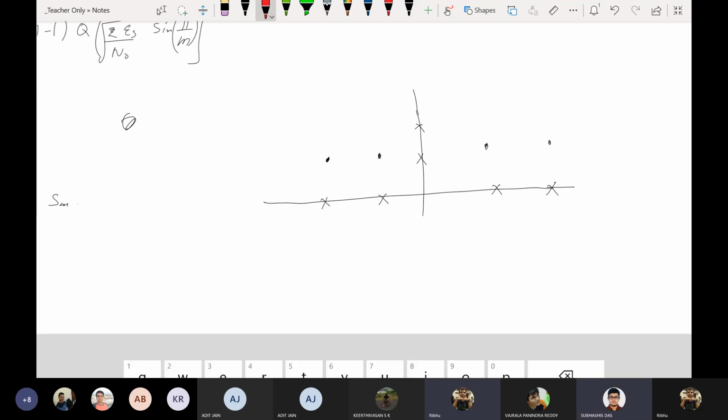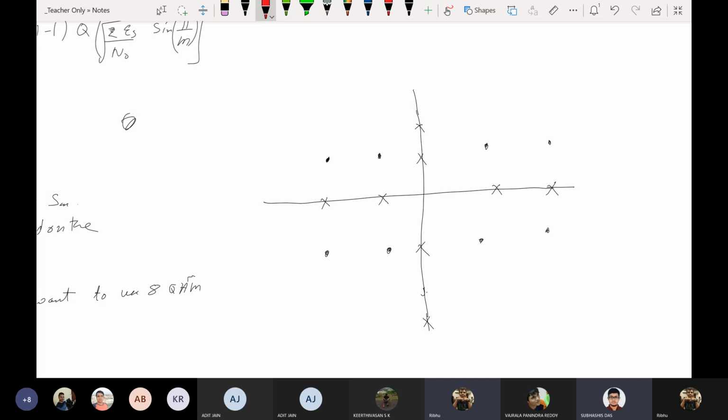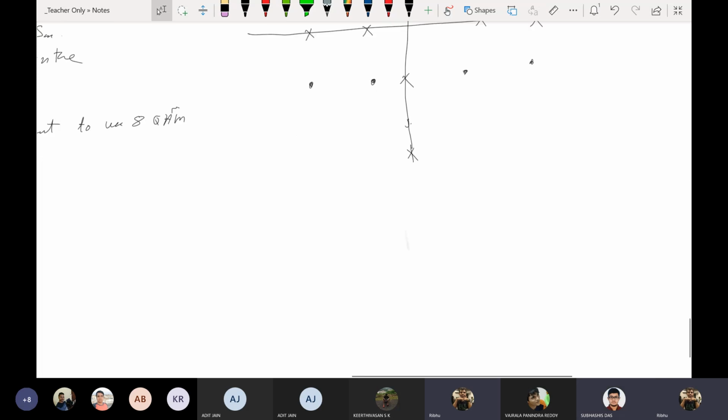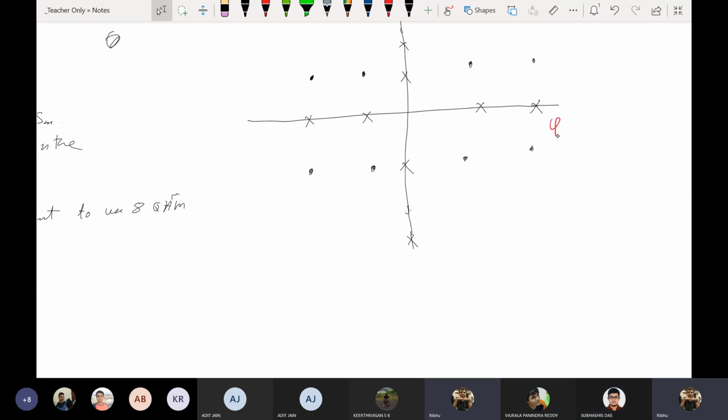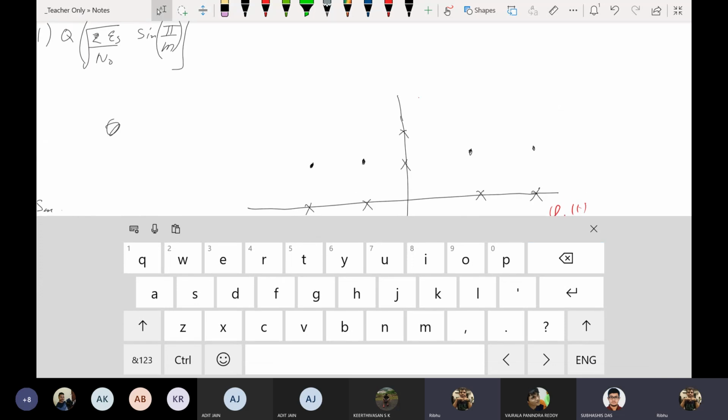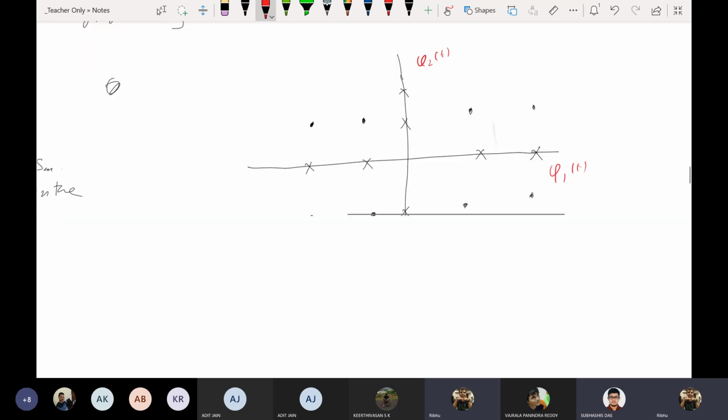What about the topmost and the lowermost? Is the constellation represented by the circles 8QAM? I should always label the axis. Yes, sir.